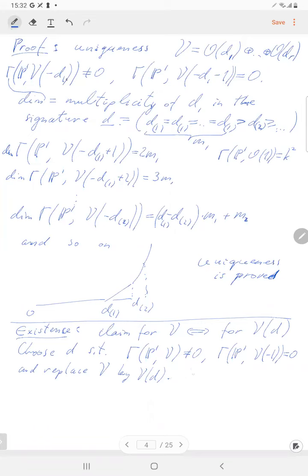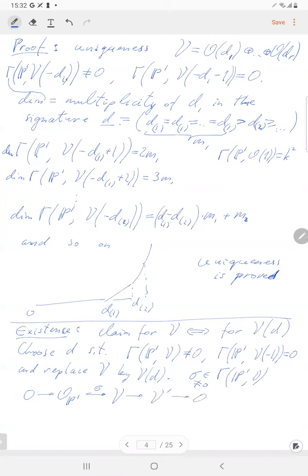Fine. So take a nonzero section sigma, and then we have a subsheaf: the structure sheaf embeds into V, and then I have some quotient, say V prime.